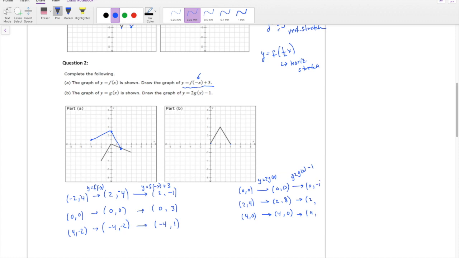So this becomes -1, 7, and -1. Okay, so we have (0, -1), so that makes sense, (2, 7), and (4, -1). So we see that vertical stretch and that shift down 1 unit.